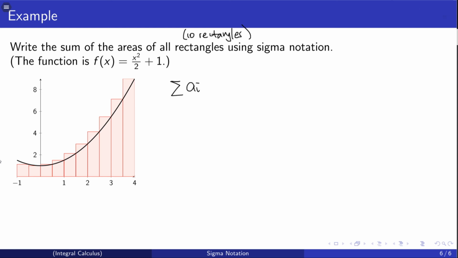How would you write the sum of the areas of all these rectangles as a single term using sigma notation? Again, think about what i has to be, what range of numbers i will take on, and what does each term look like. What is the area of each rectangle as it depends on i?